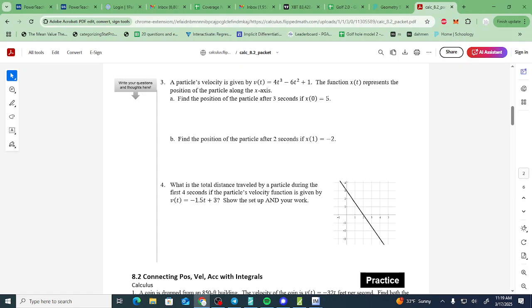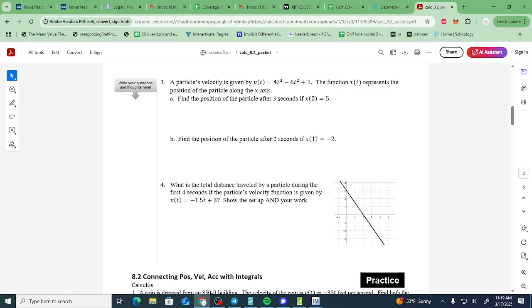So now we just plug in those values, right? So the position is negative 2 when t is 1. So that's just negative 2 equals c, because 1 minus 2 plus 1 is just 0.